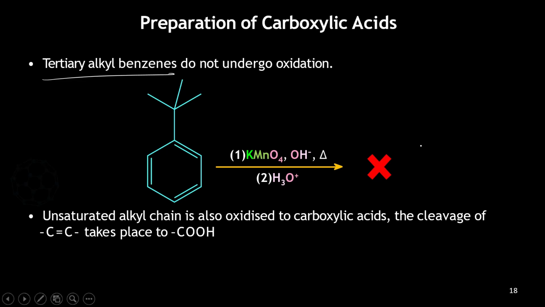And coming to the next one, unsaturated alkyl chain is also oxidized to carboxylic acid. The cleavage of C double bond C takes place to COOH. So what does that mean? Whatever the unsaturated chain is there, for suppose, let me give an example. So C6H5CH double bond CHCH3.